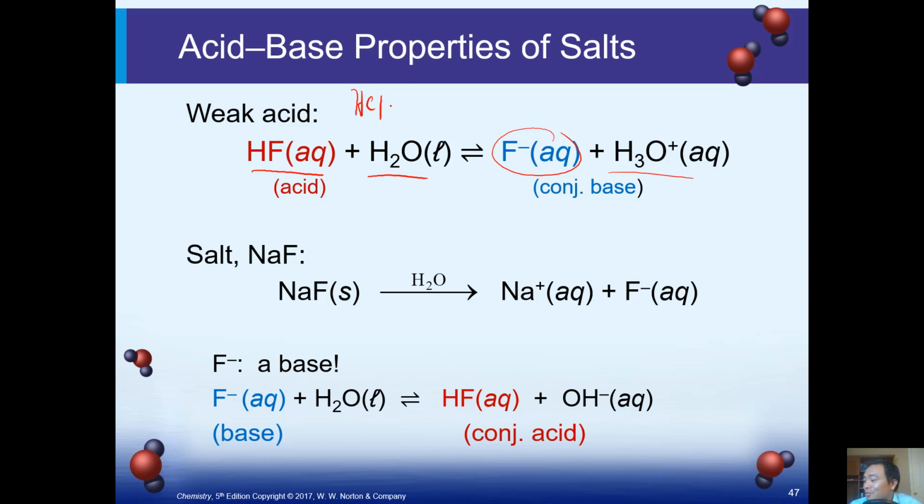For example, HCl, when you react with water, will go to the right side, 100%. In other words, as we analyzed before, Cl minus has no chance to pick up a proton. So Cl minus will be neutral because it cannot react with the H plus or hydronium ion. It has no ability to affect the pH. So Cl minus is neutral.